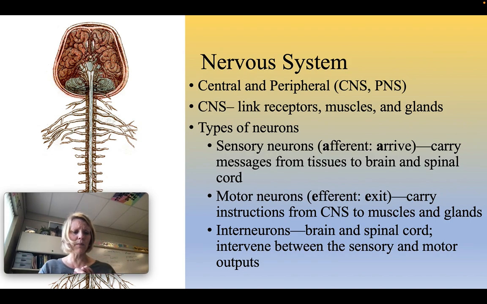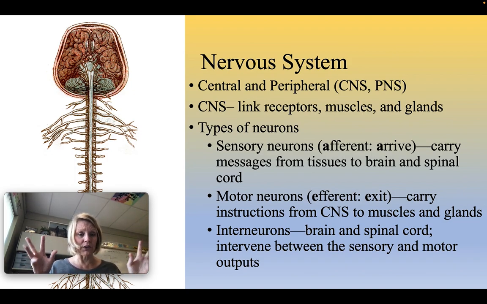So now I want to talk about these types of neurons. Now these are in the central and peripheral, but I want you to understand how and where they work. So we've already talked about motor neurons, but I want to back up a little bit and talk about sensory neurons. Sensory neurons, whether they are referred to as sensory neurons or afferent neurons, mean the same thing.